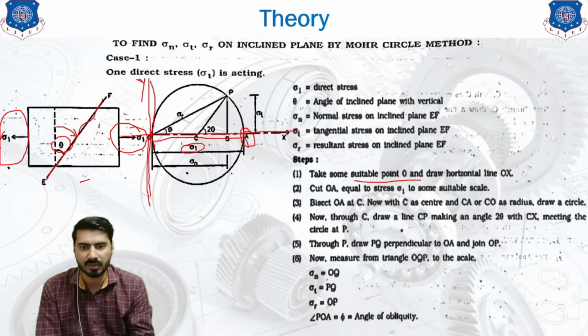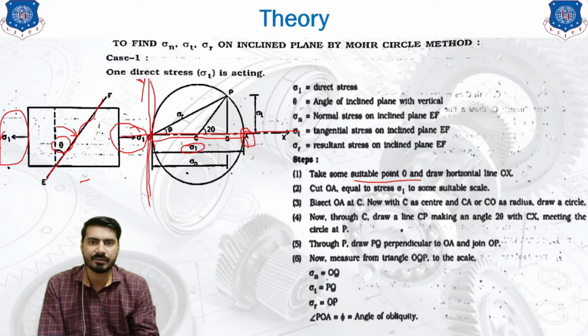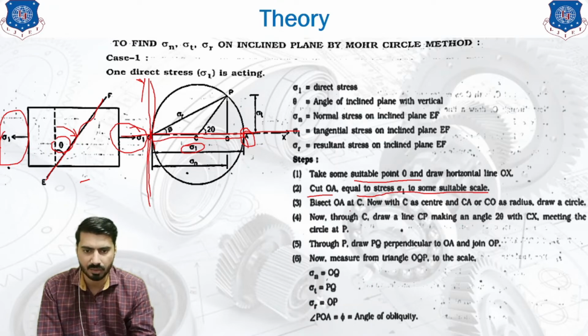This is our sigma 1, right? Now as there is no sigma 2, there is no need to identify whether it is on the right side or on the left side. So this is our sigma 1, OA, that's it. Then we cut OA equal to sigma 1 to some suitable scale. We have done it already.